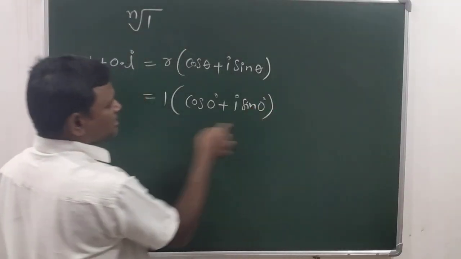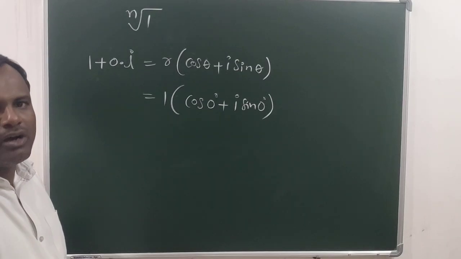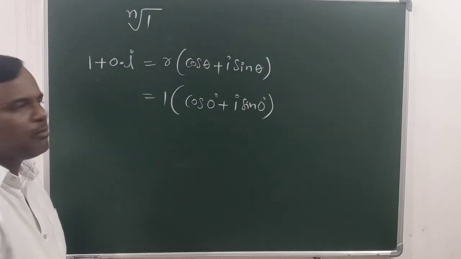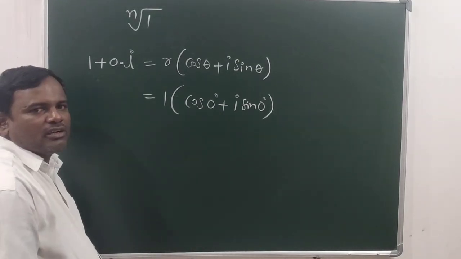Now what is the principal amplitude or principal argument of this complex number? 0, because here 1 comma 0, that point is lying on the positive portion of the x-axis, hence whose argument will be 0 degrees. So here write cos 0 degrees plus i sin 0 degrees. So this is the polar form or mod amplitude form of this given unity.